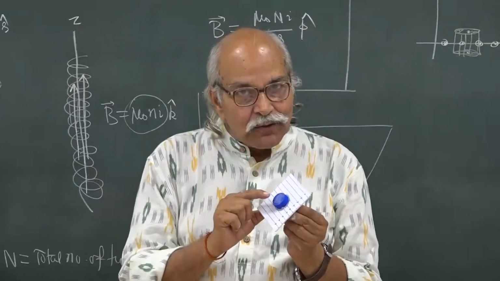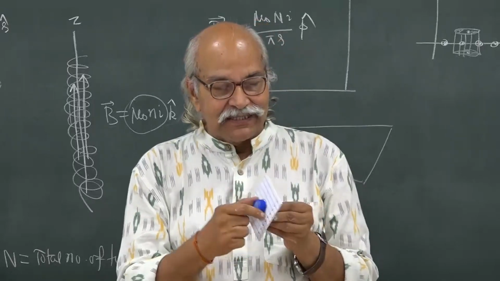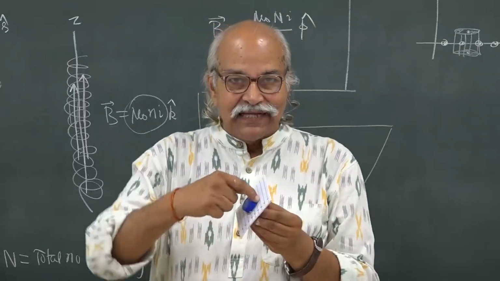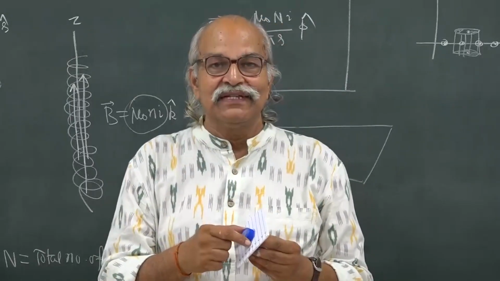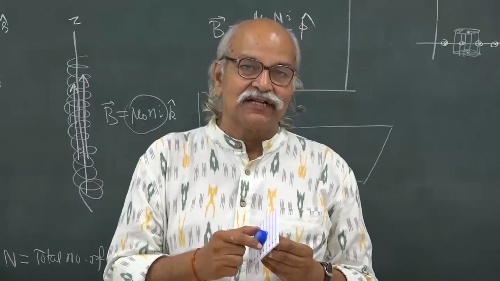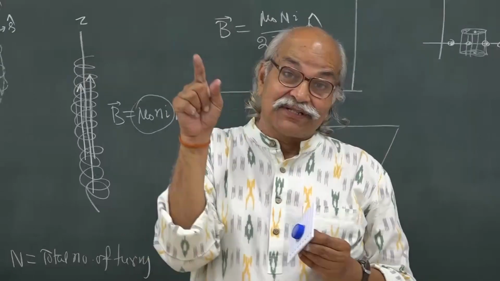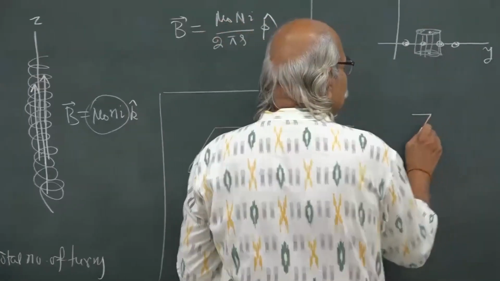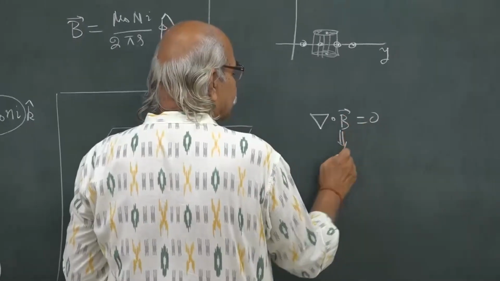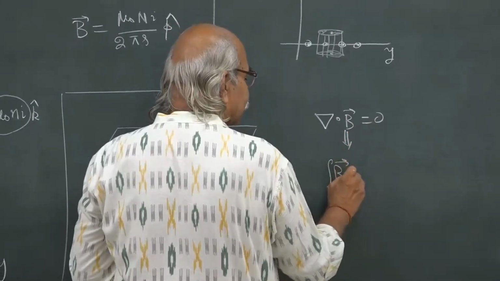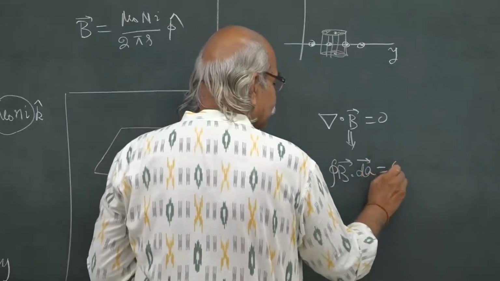Now, this closed surface, this flat surface plus this flat surface and this curved surface, this closed surface of the cylinder, on this closed surface we will apply our divergence equation. Divergence of B is 0, remember, and this gives me the integral of B dot dA on a closed surface is 0.